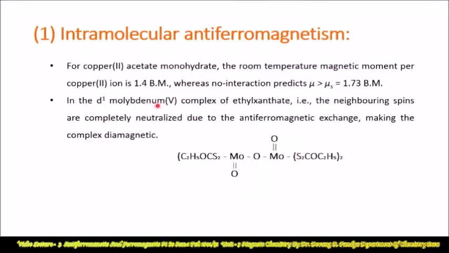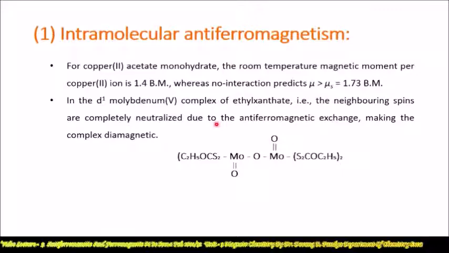In the d1 molybdenum(V) complex of ethyl xanthate, the neighboring spins are completely neutralized due to the antiferromagnetic exchange, making the complex diamagnetic. Here is the example of the molybdenum(V) complex, and in this complex the neighboring spins are completely neutralized due to antiferromagnetic exchange. Such comparison we have studied in the previous example.